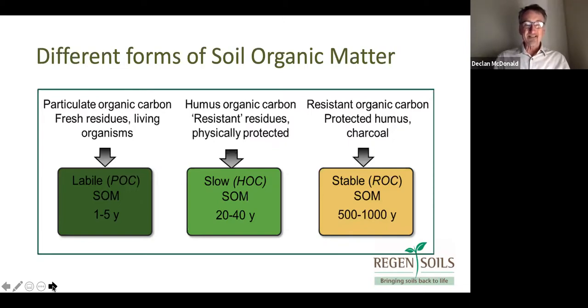So we've got basically a fast turning over carbon, a slowish turning over carbon, and a really slow turning over carbon. The reason it's really important for carbon to be turning over, and I'm using the terms carbon and soil organic matter interchangeably, so forgive me, is that it's powering the life that is living under the soil.